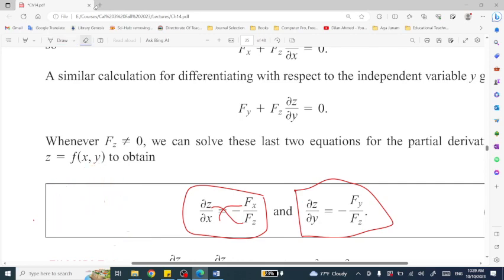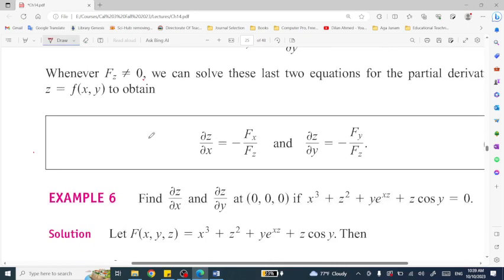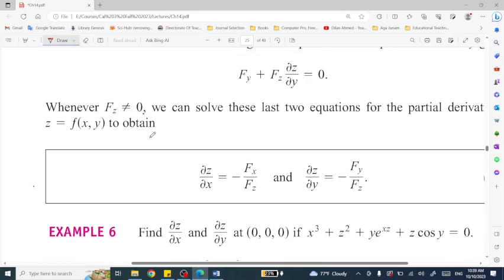You didn't get it. Look at the example. I know, maybe 20%, 10% you understand. That's good. So let me check for the others. Look, you have this example. Okay, so find partial z by partial x.